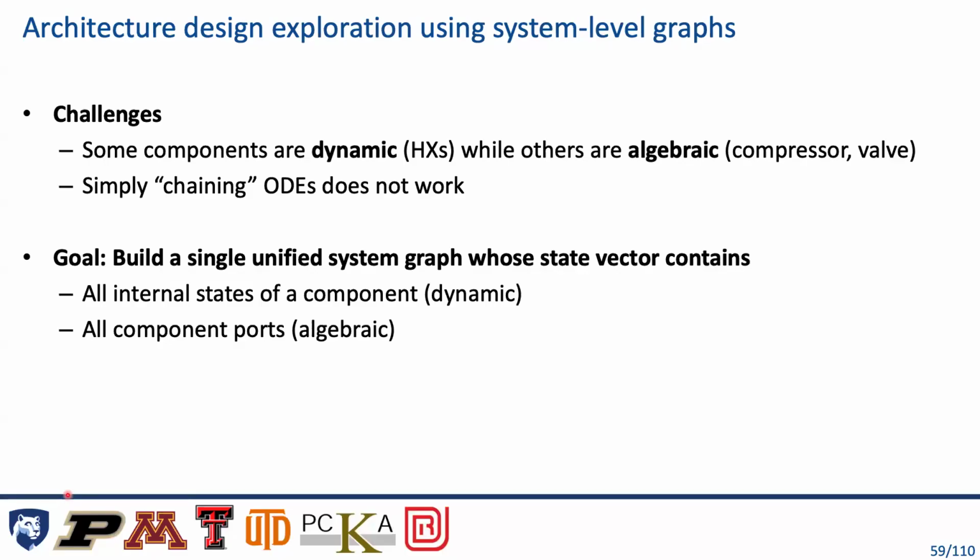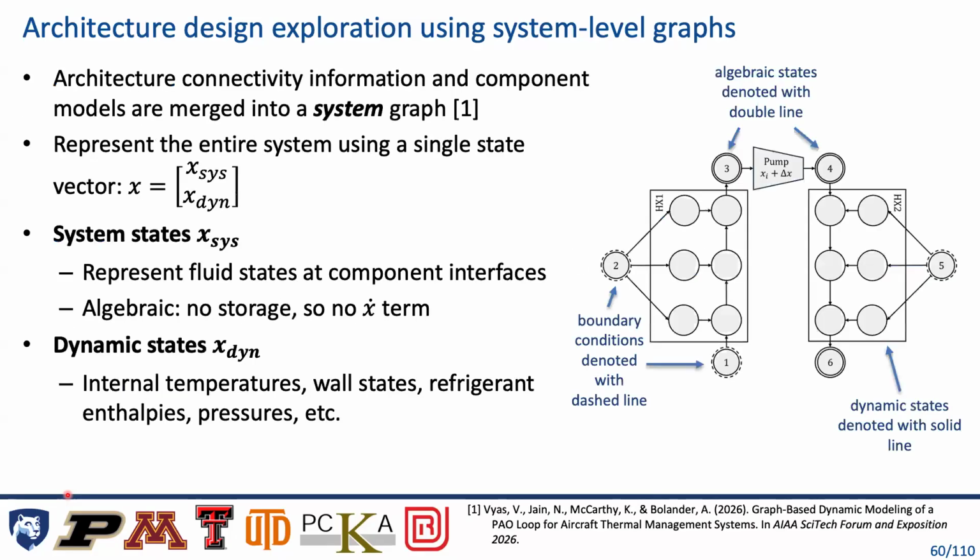And so something that we've done is shown how you could build a single unified system graph with a state vector that contains both the dynamic states that come from those graph-based models, as well as the component ports, which we're going to represent with these, let's call them pseudo-states or algebraic states, and I'll talk more about that briefly.